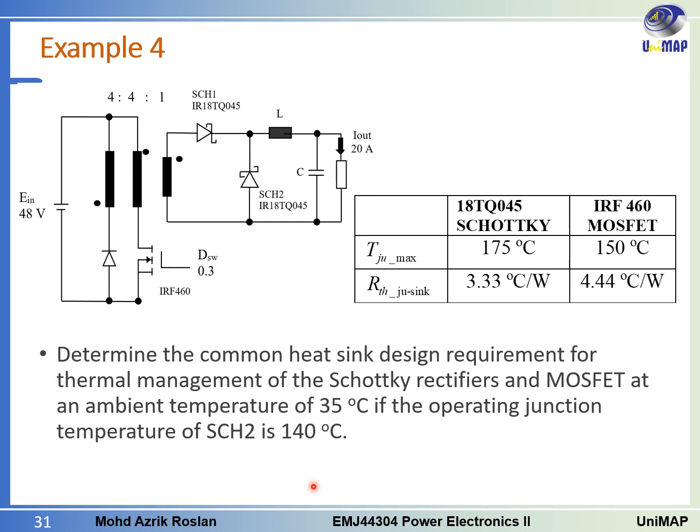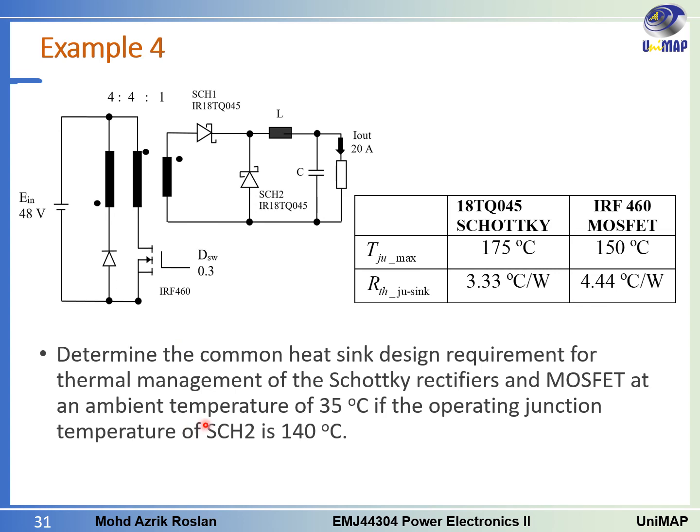In this question, it asks us to determine the common heatsink design requirement for thermal management of Schottky rectifiers and Mosfet. So we have to include all three components, Schottky 1, Schottky 2 and the Mosfet.